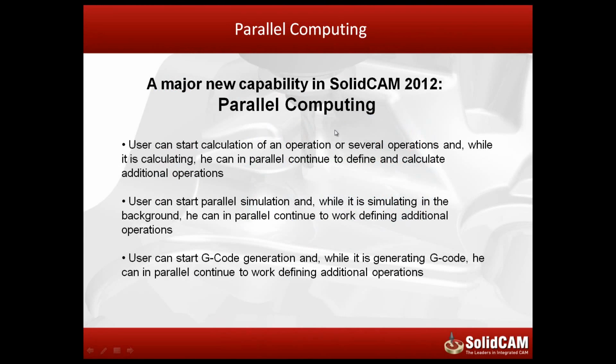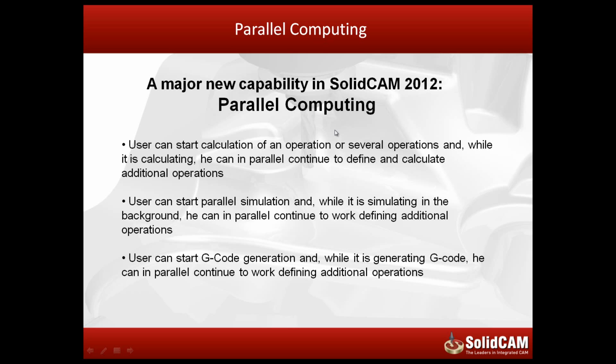In this session, we'll be showing you our new option of parallel computing. What parallel computing does is it allows the user to start a calculation of an operation or several operations, and while it's calculating, he can go ahead in parallel and continue to define and calculate additional operations. It also works in simulations.